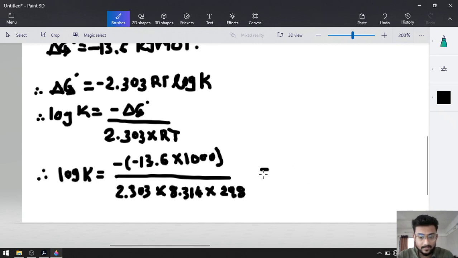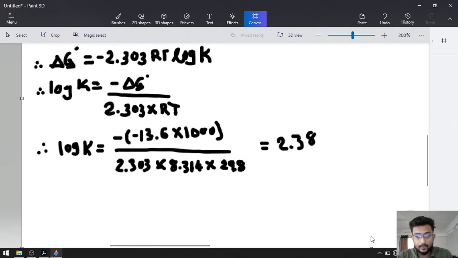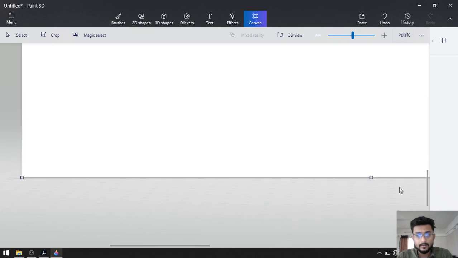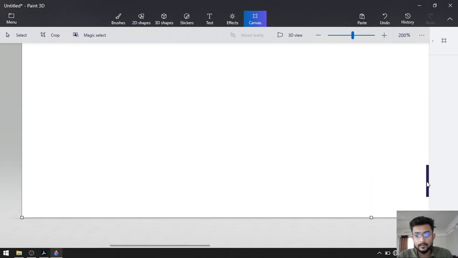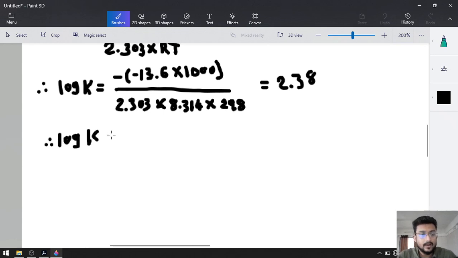So the answer will be 2.38. Log K is equal to 2.38.